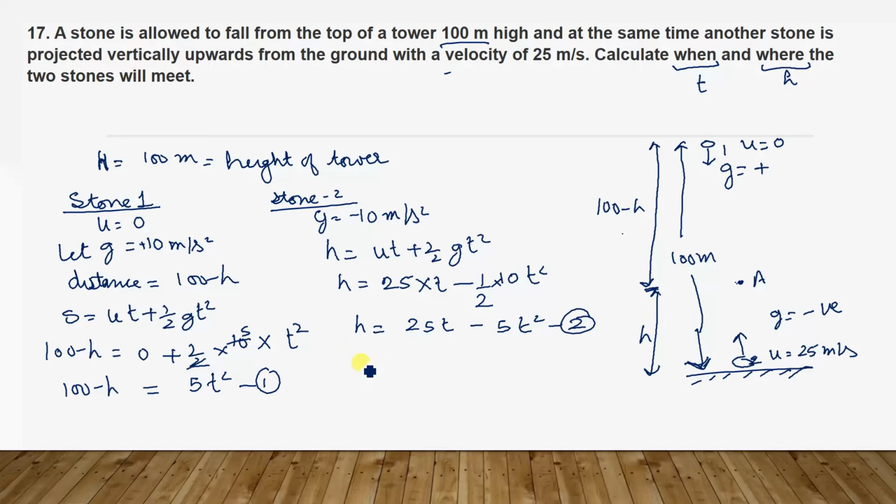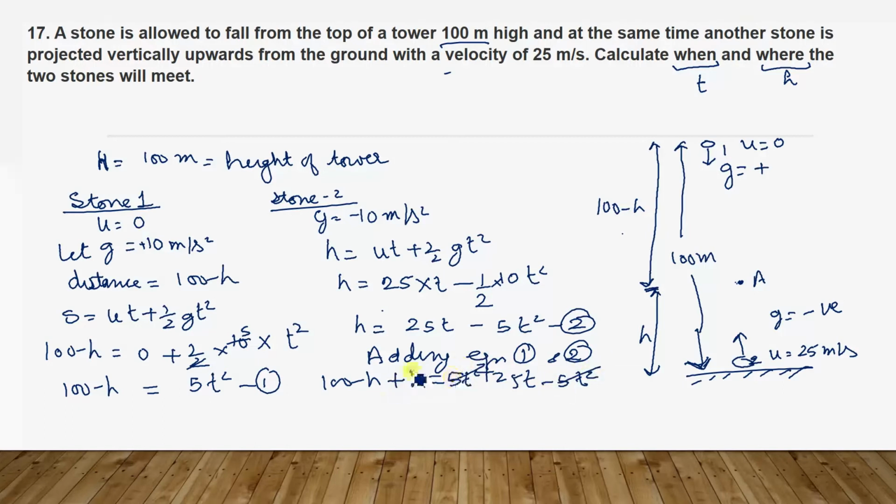On adding equation 1 and 2, what you get is 100 minus h, here it is plus h, so this is 5t square, here we also add 25t minus 5t square.